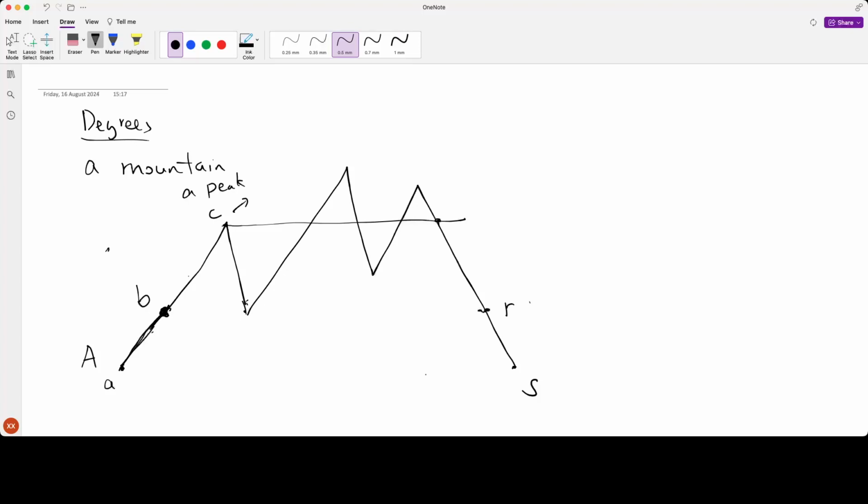I don't have too many letters for this. Okay, but after that, he must decrease. He has to decrease his altitude.